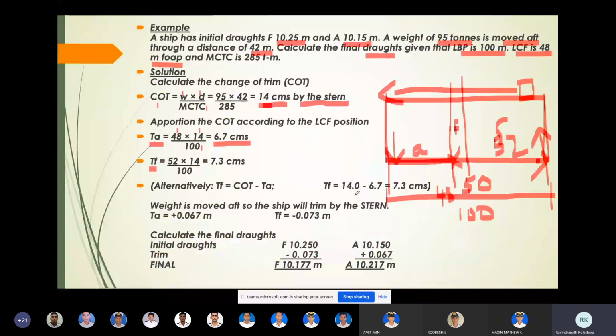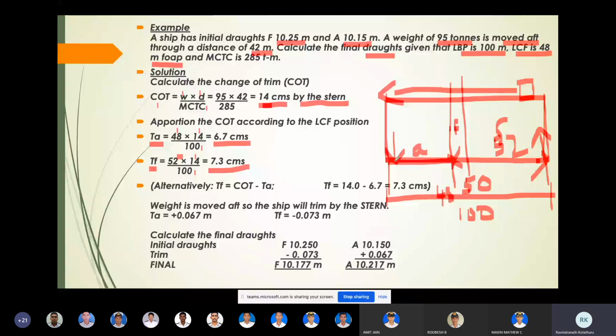Now I got the corrections for forward and aft. What should I do? Should I add or subtract to the corresponding drafts? The forward will be reduced and the aft will be increased. So forward you will be subtracting the correction and aft you will be adding the correction, the reason being the weight is shifted aft, so my aft draft will increase.